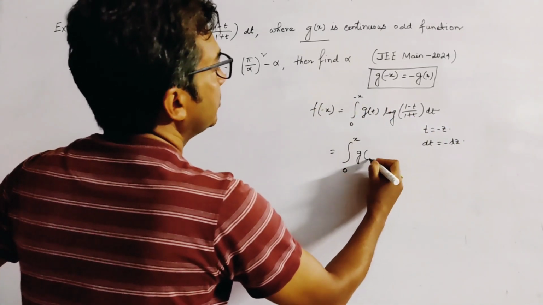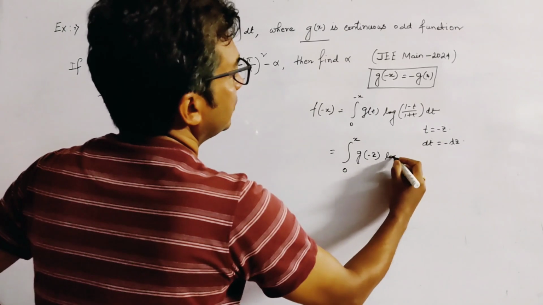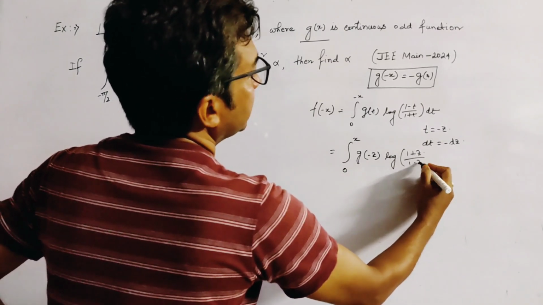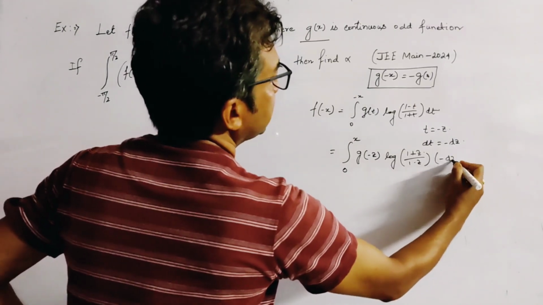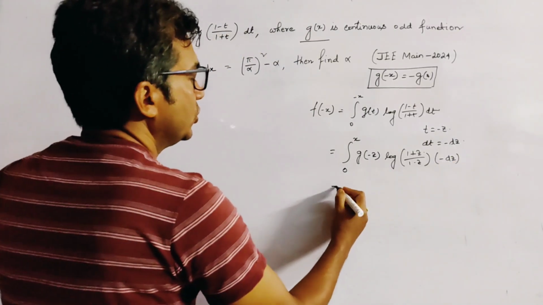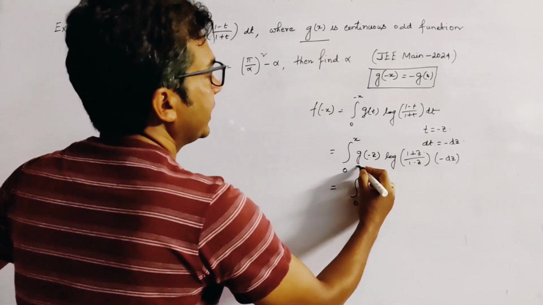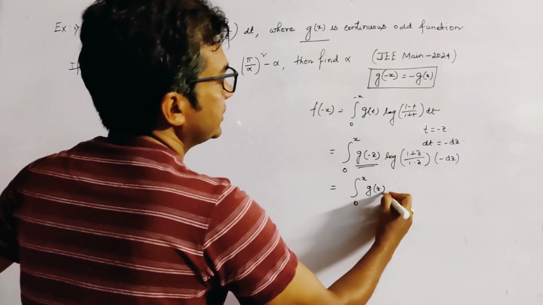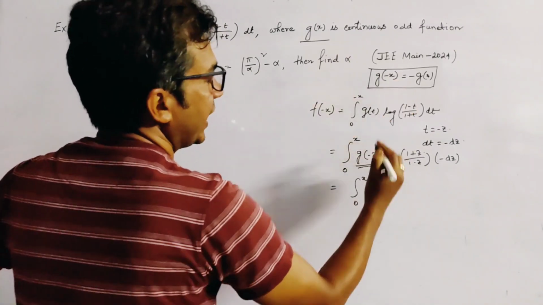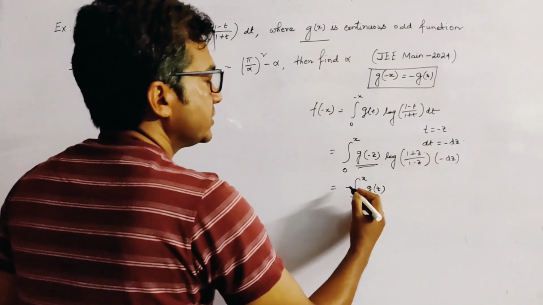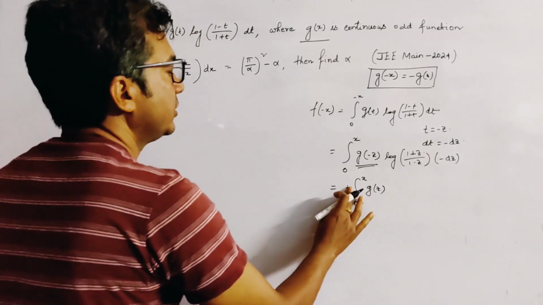This is g of minus z log of (1 plus z) by (1 minus z), and this is minus dz. So integration 0 to x, and this becomes g of z, and there will be another minus, so this becomes positive.